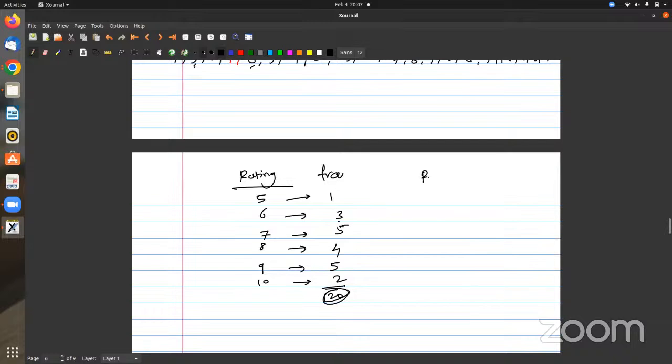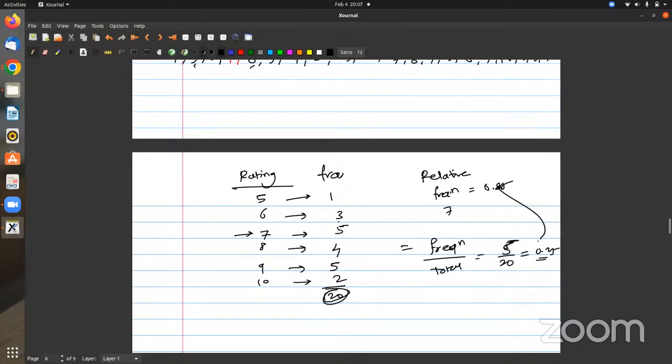According to the question, the relative frequency corresponding to 7 is 0.25. Now the relative frequency of 7 is frequency divided by total frequencies, which is 5 divided by 20, equal to 0.25.